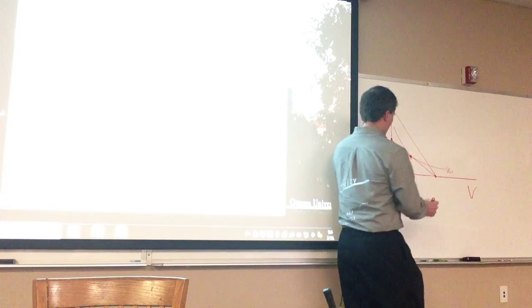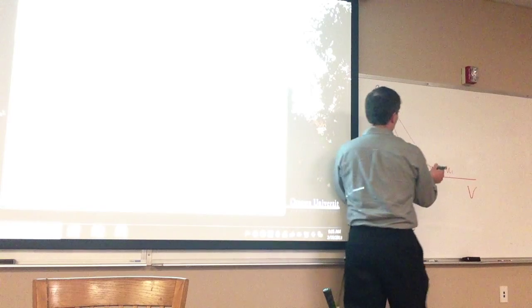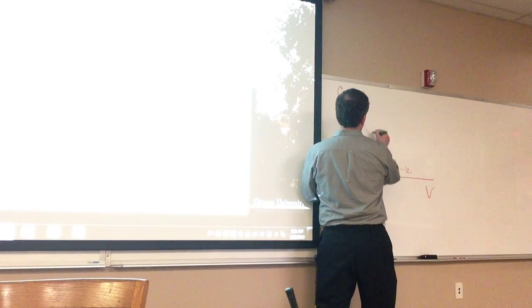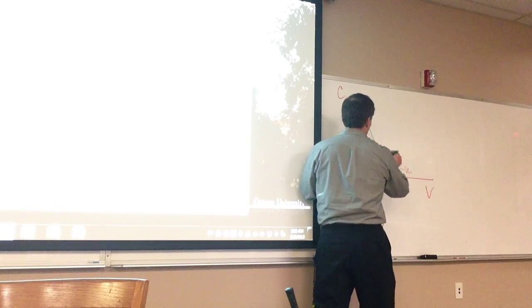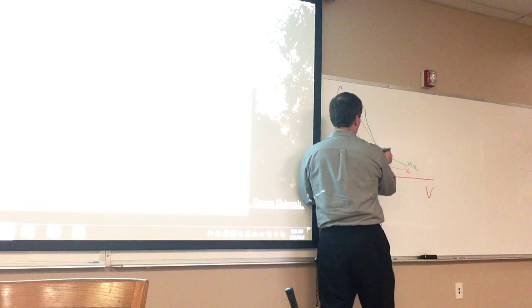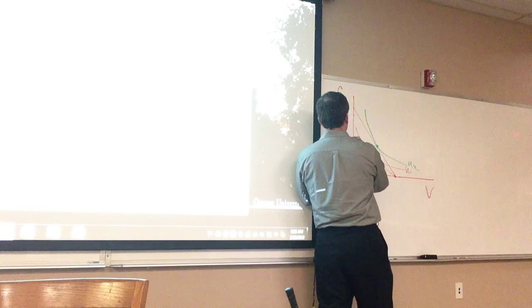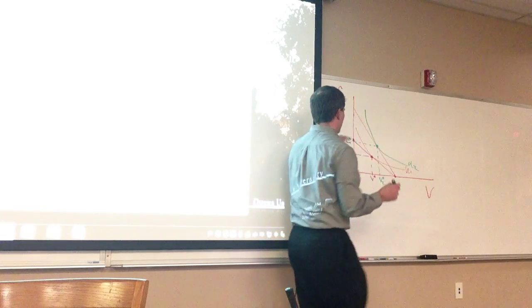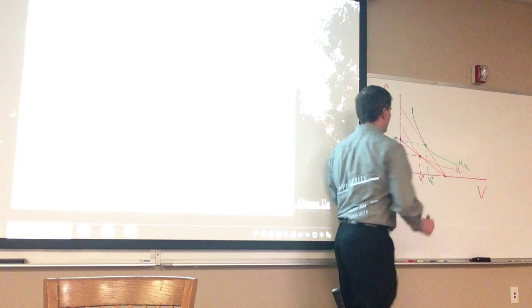And with the decrease in the price of cookies, we moved to this point, a little bit to the right, U2. So let's call it V2 and C1. Not necessarily crossing here at all. So C2, C1, V1.